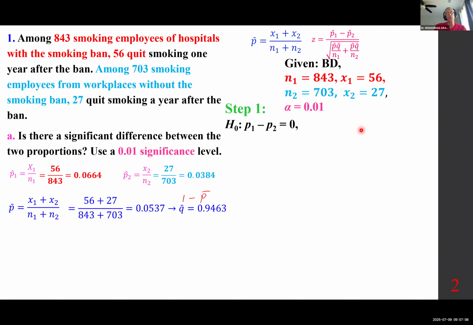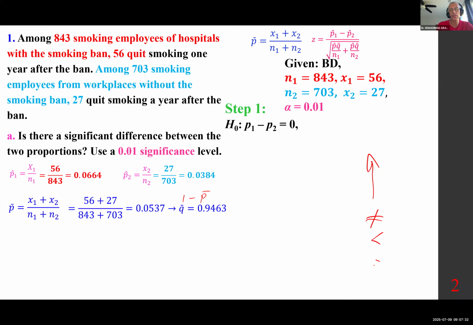There are three signs we use for the second part. Which one? We have to read and figure out, is there a significant difference? It doesn't mean less than, it doesn't mean greater than, it means if there is a difference, that means not equal to.